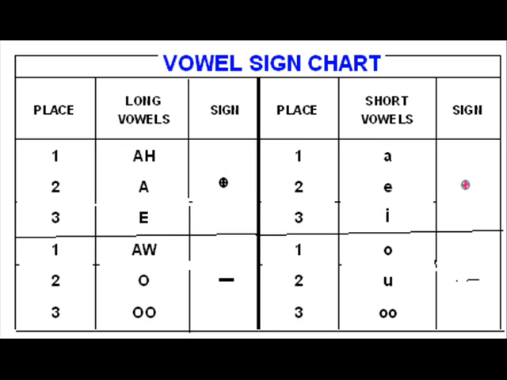I repeat, the long vowel sounds A, E are represented by a heavy dot. Similarly, the long vowel sounds O, U are represented by a heavy dash. The short vowel sounds A, E are represented by a light dot, and the short vowel sounds O, U are represented by a light dash.